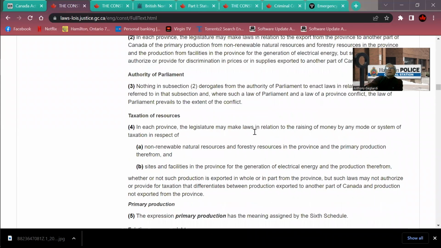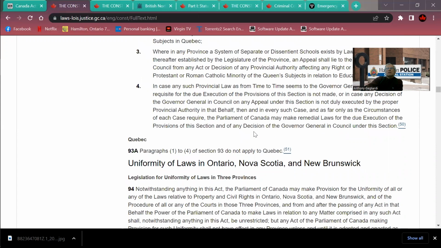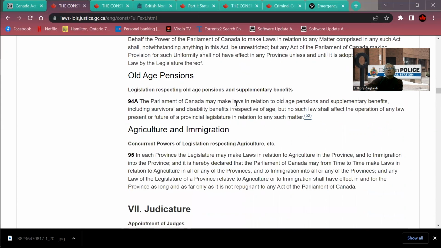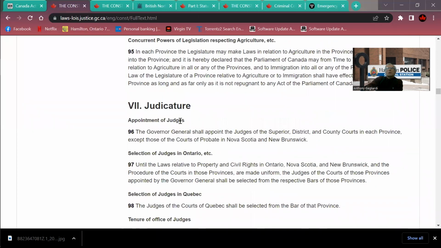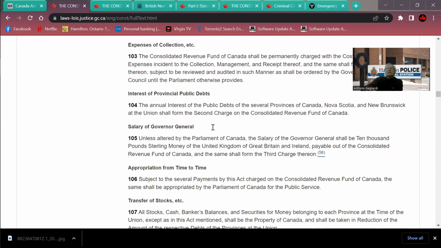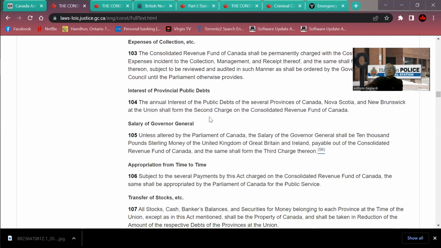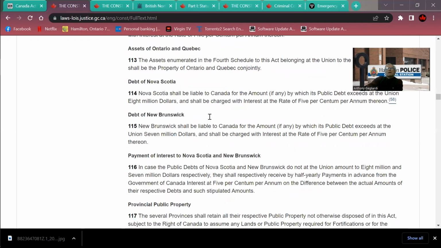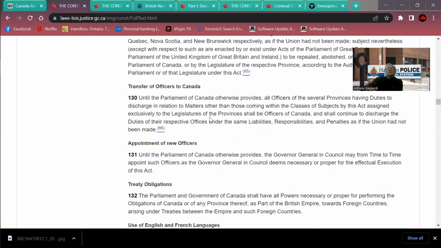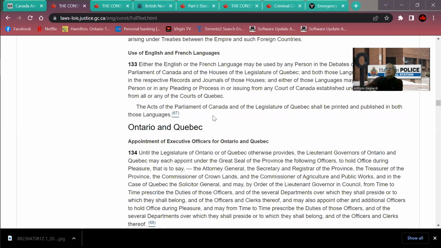And then we get into taxation, education, uniformity of laws for the provinces, pensions, appointment of judges, revenues, taxation, everything, public debts, and on. And I'm just going through this very quickly because it could be a forever thing here.